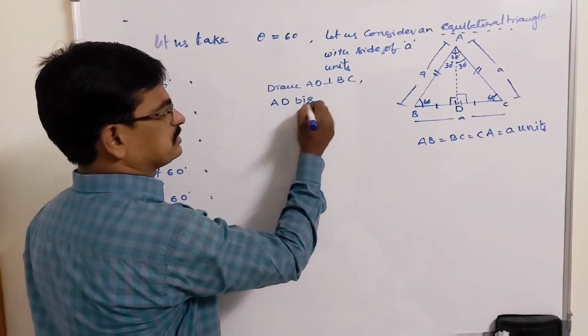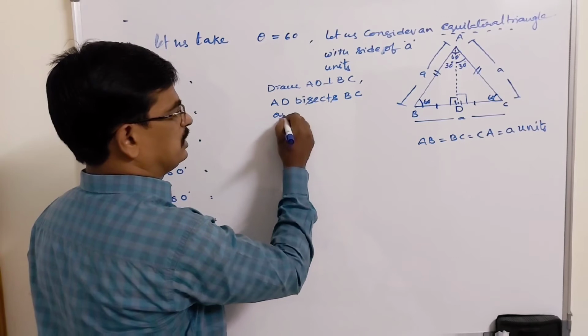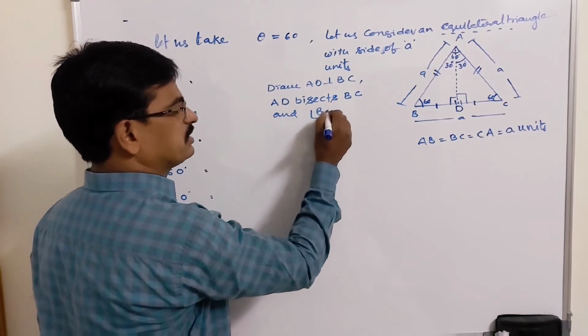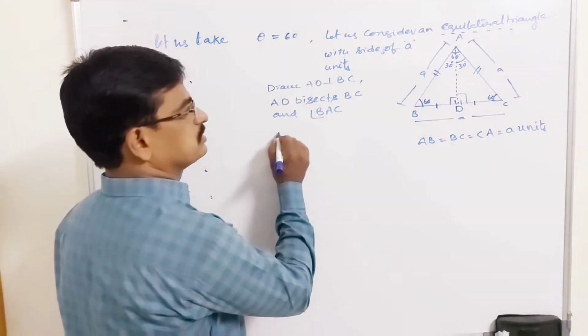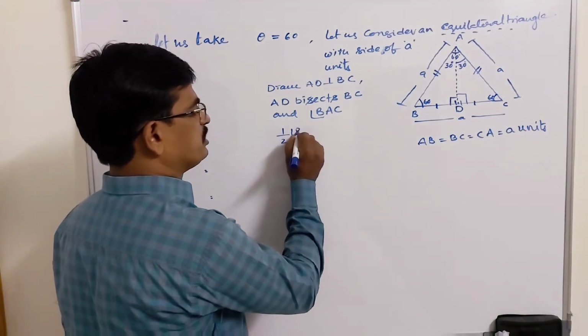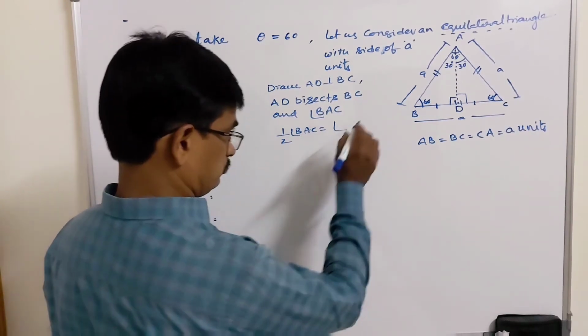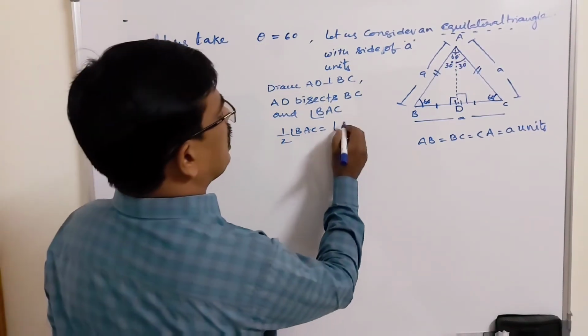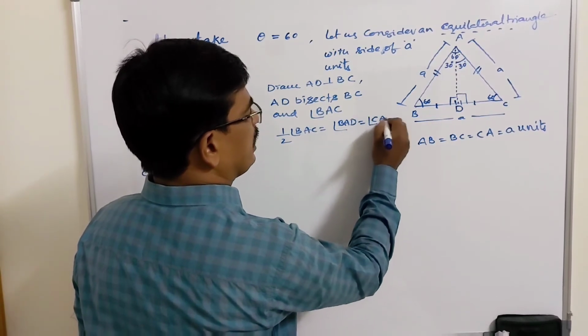AD bisects BC and angle BAC, that is half of angle BAC is equal to angle BAD is equal to angle CAD.